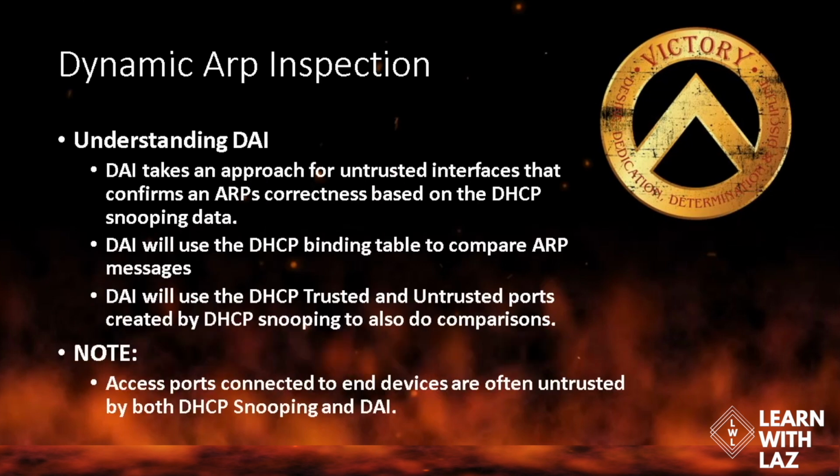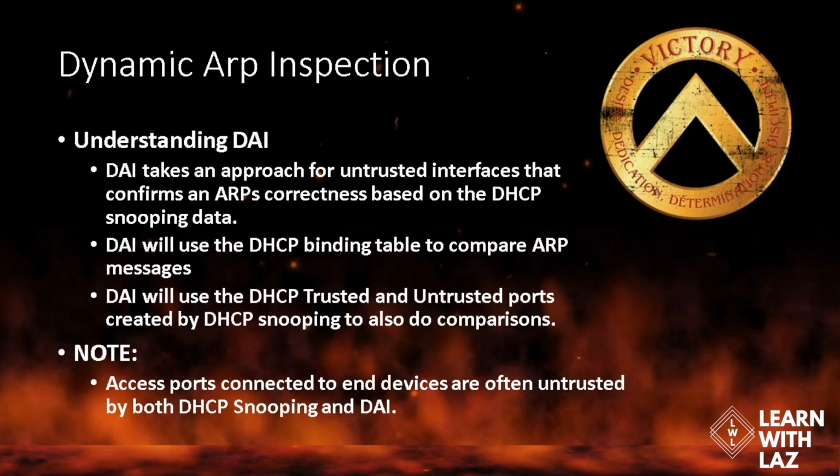Which is interesting. So we have something called dynamic ARP inspection, and we'll just call it DAI, whatever you want to call it. What it does is use DHCP snooping, because when you turn on DHCP snooping, some ports are trusted, some ports are untrusted. So it will use that information to confirm the correctness of the data that's coming across. It will also use the DHCP binding table and compare the ARP messages, and it will use the trusted and untrusted ports.